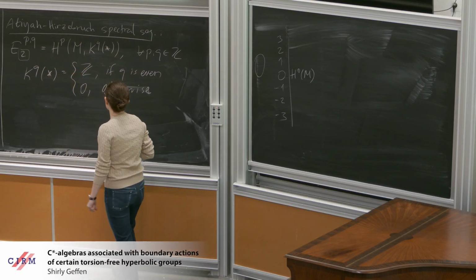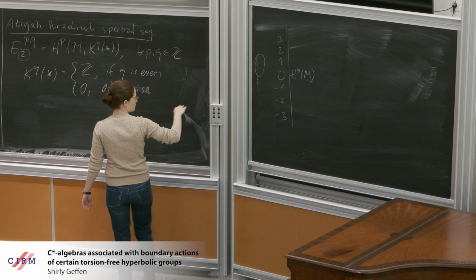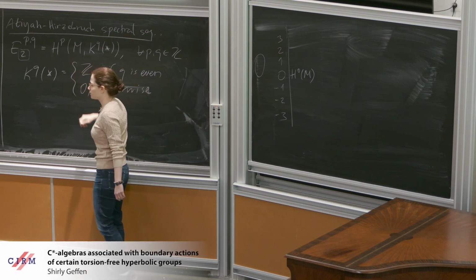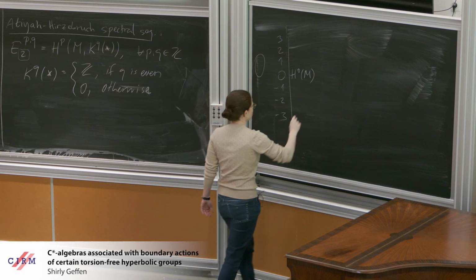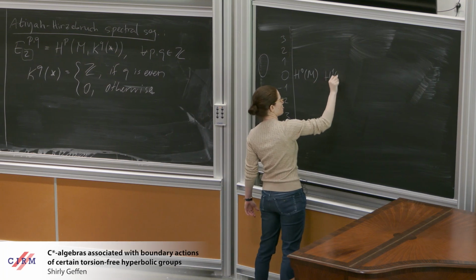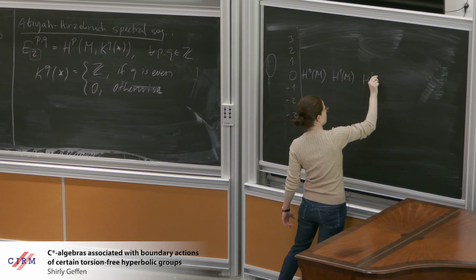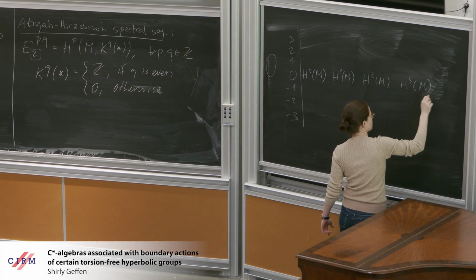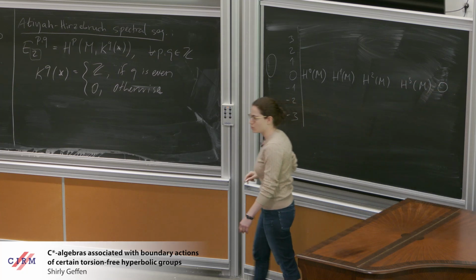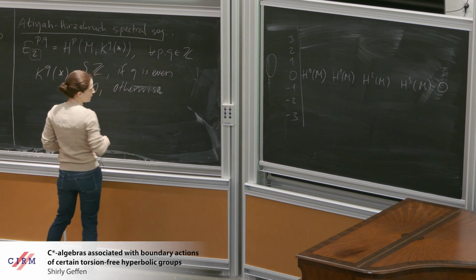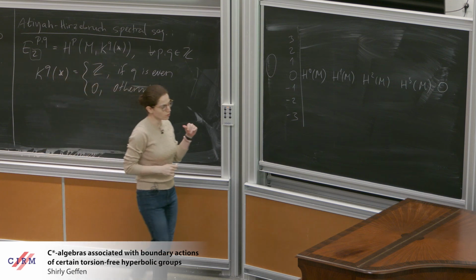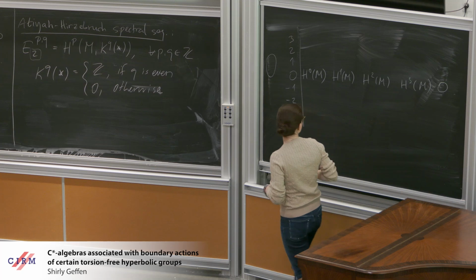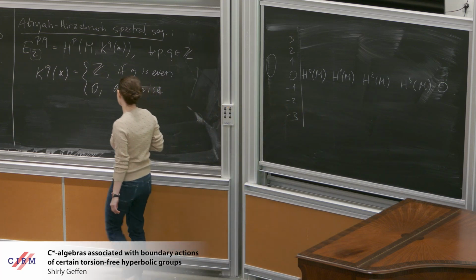And then again, for Q just being 0, we get all the time coefficients in Z, and so we just get the cohomology groups of the manifold. And since we're dealing with a three-dimensional manifold, after the third cohomology group, all of them will vanish. So we have only finitely many non-zero columns.